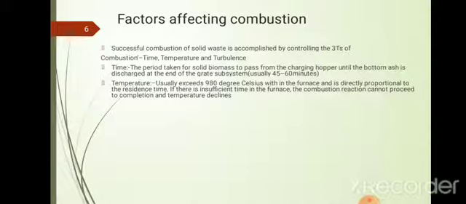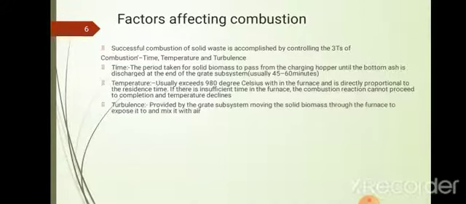And temperature, we already know the temperature of combustion should be higher than 980 degrees, and it is also proportional to the residence time. So if you are giving insufficient time, this combustion will happen incompletely and the temperature also will be less. But if you are giving enough time, temperature also increases. So these are two dependent factors, time and temperature.